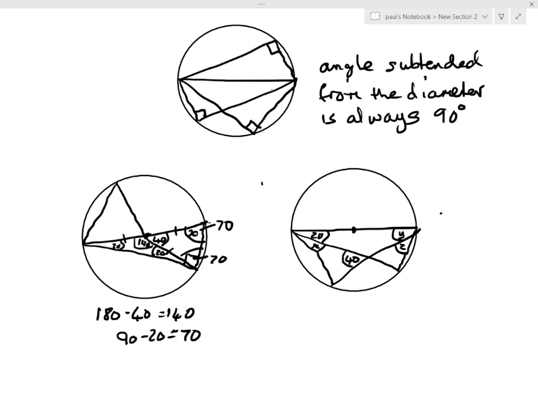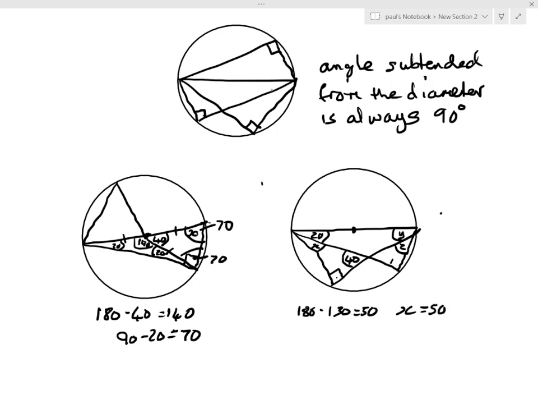Right. First up, this is an angle subtended from the diameter, so that's 90. 90 and 40 is 130. Therefore, this is 180 minus 130, which equals 50. So x equals 50.